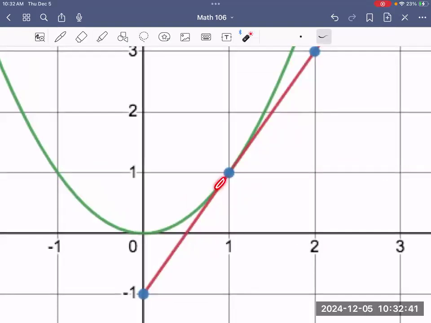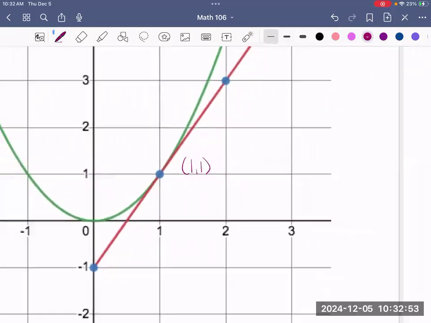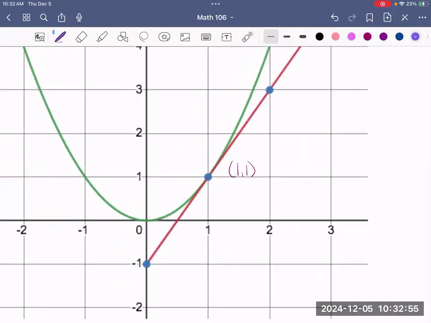It looks like it's touching over here, but it's not. It's only touching at this specific point. So it's touching at the point (1, 1). Now, what is the slope of this red line? Looking between 2 points, we're going to go over 1 and up 2. So up 2 over 1. So your slope here is 2.